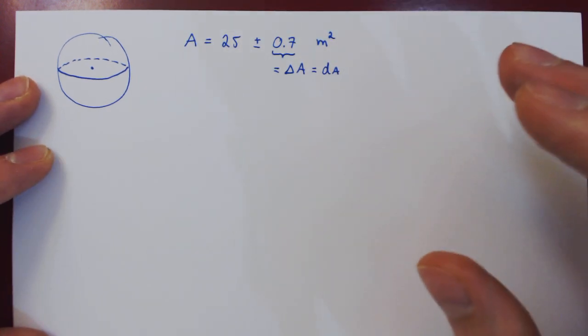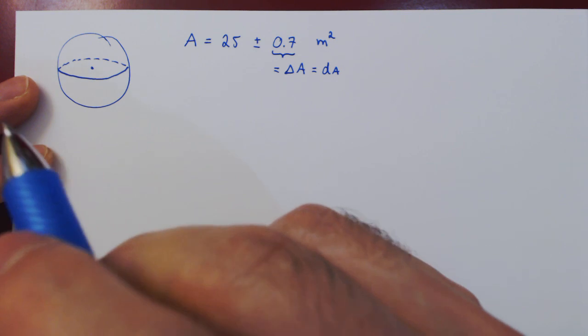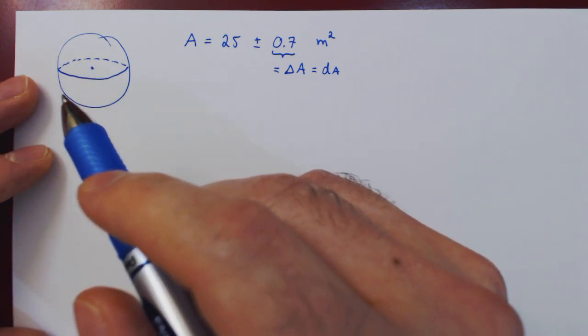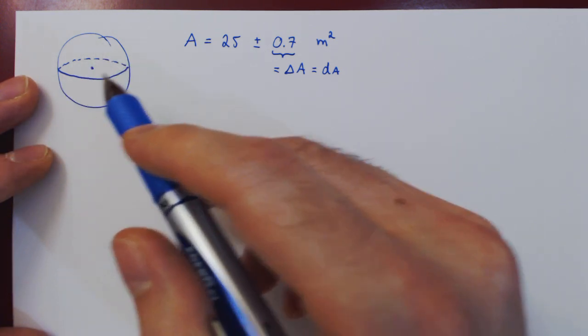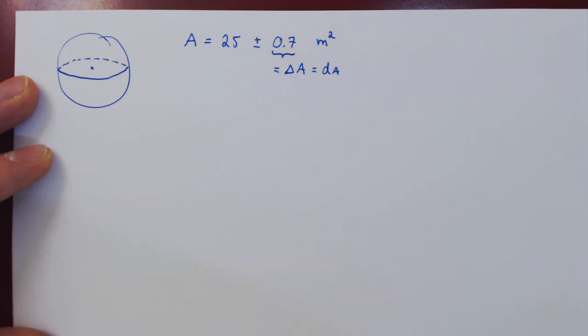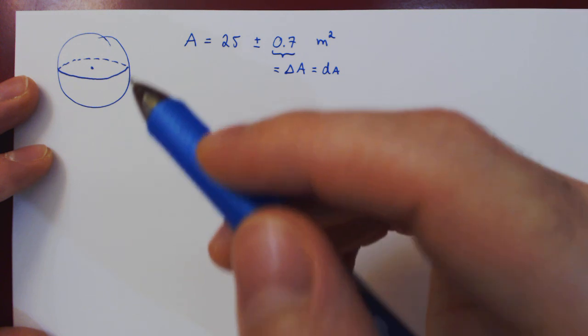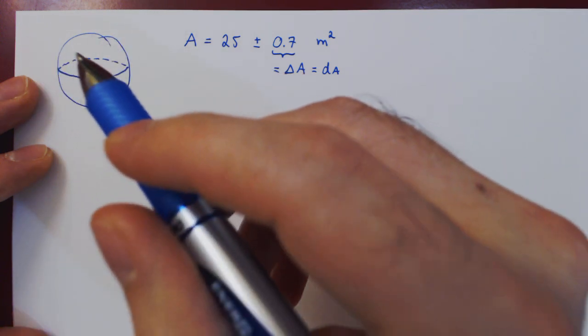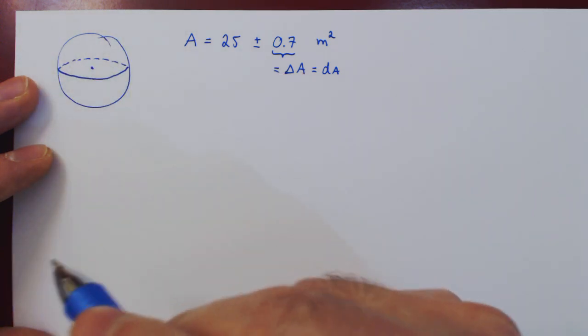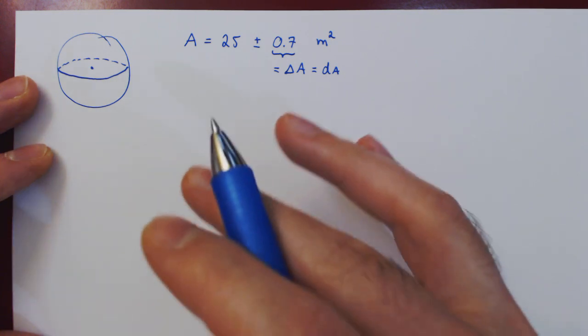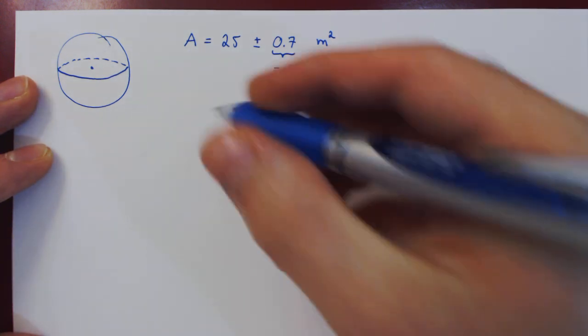Well, since we want to find the volume of the sphere, we need to connect the volume of the sphere with its surface area. That is not a very natural connection, right? Both the surface area and the volume of a sphere are simply connected by the radius of the sphere. So let's write down both of these relations.